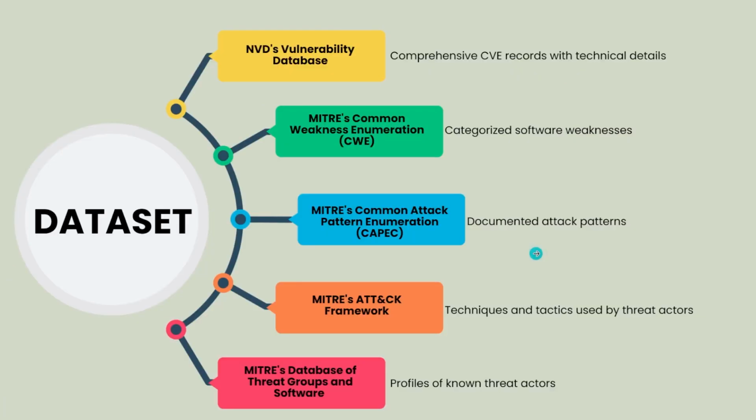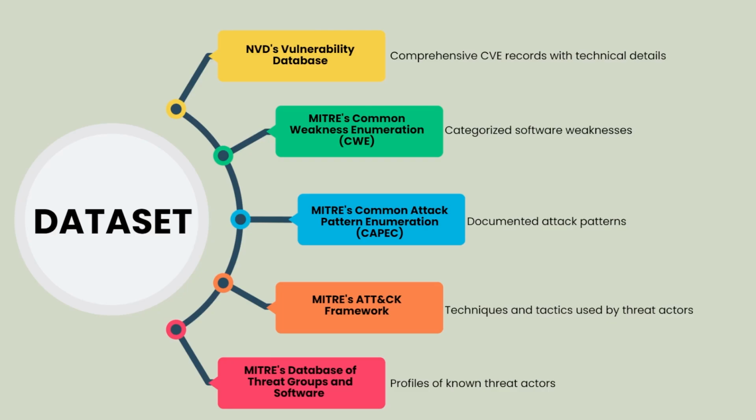For our project, we use five different datasets. One is the NVD vulnerability database, which has comprehensive CVE records with technical details. MITRE Common Weakness Enumeration, CWE, categorizes software weaknesses.